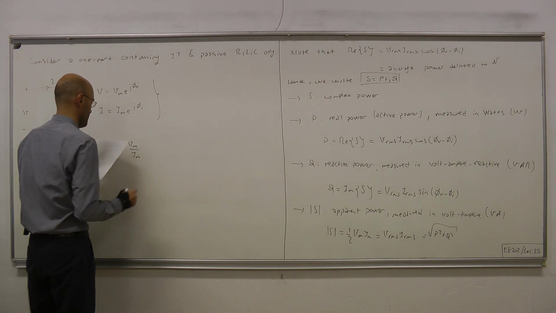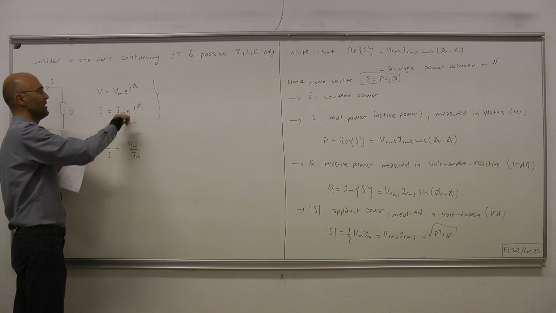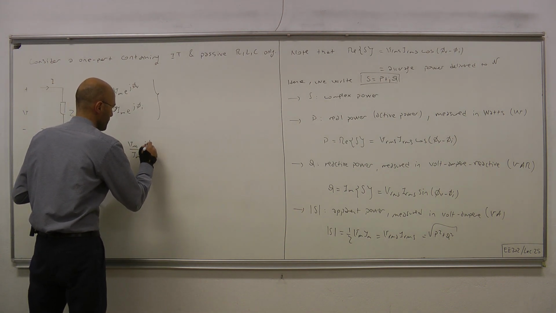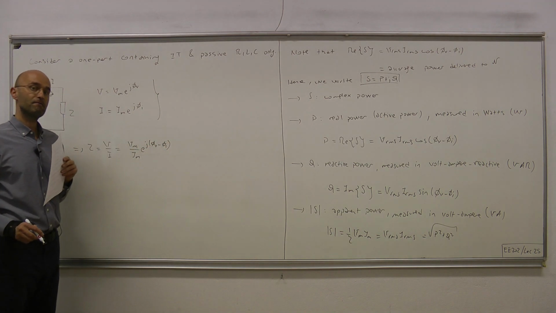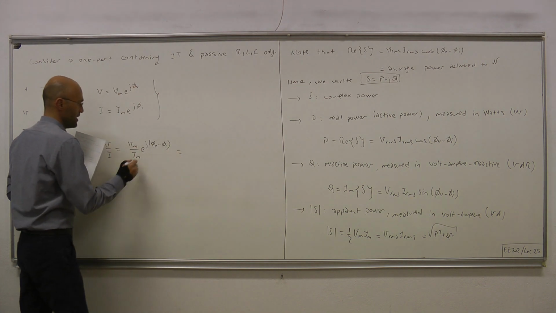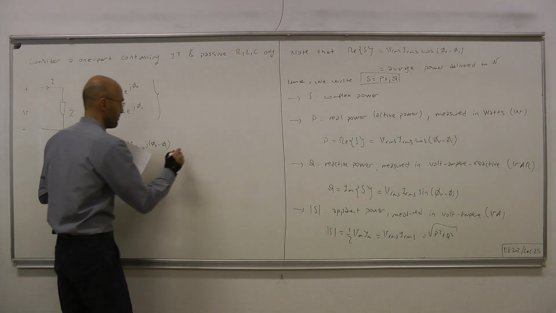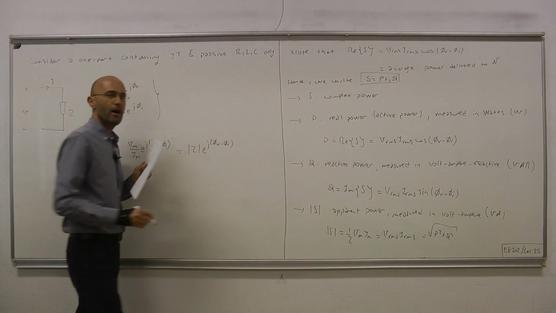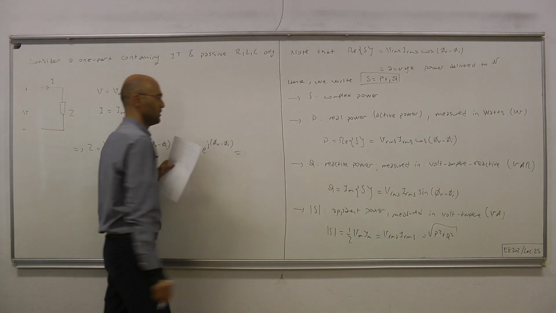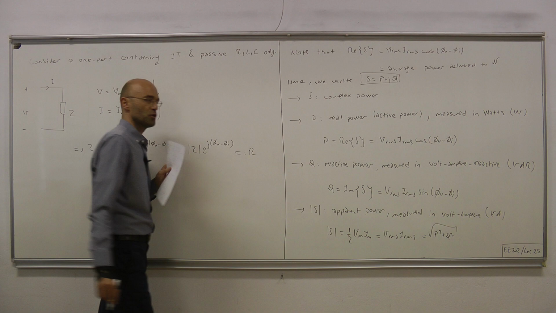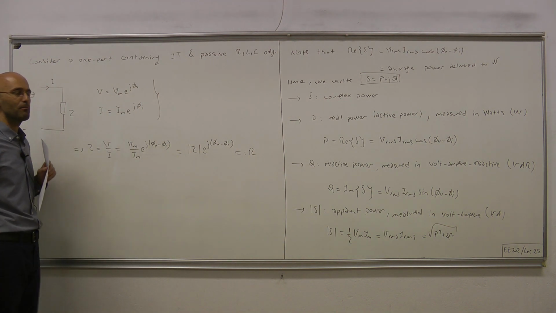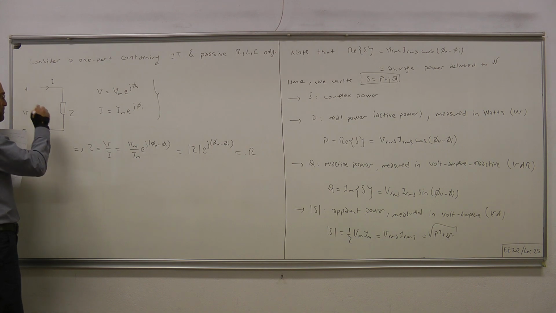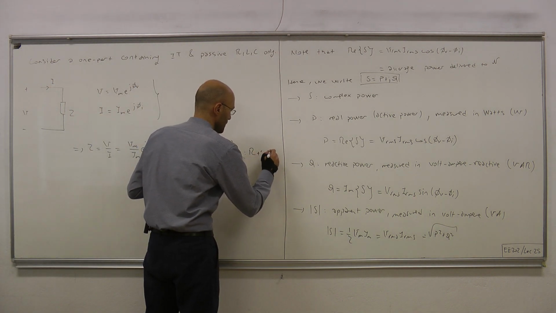That allows us to write Vm over Im, and then e to the j phi V divided by e to the j phi I, which can be written as a single exponent, e to the j phi V minus phi I. And this here is the magnitude of our impedance, therefore that can be written as the magnitude of the impedance times e to the j phi V minus phi I. Remember our previous notation: the real part of the impedance is denoted by R, sometimes called the resistance of this one port, and the imaginary part is denoted by X, sometimes called the reactance of the one port, R plus jX.